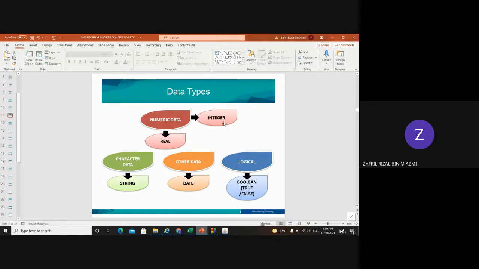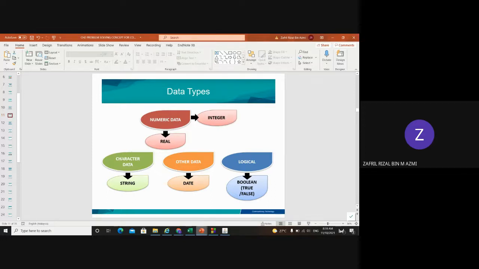When the data is numeric, you need to know whether it is an integer or a real number. Real is decimal, it has a decimal point. Integer is without a decimal point, without a floating point.